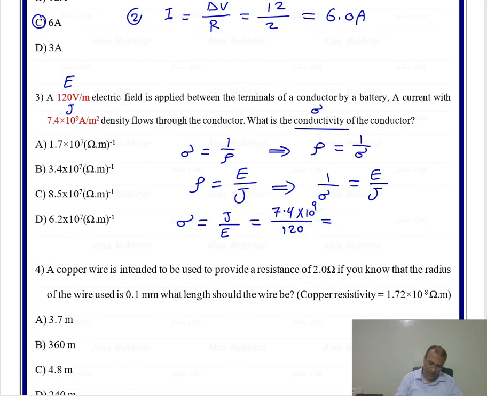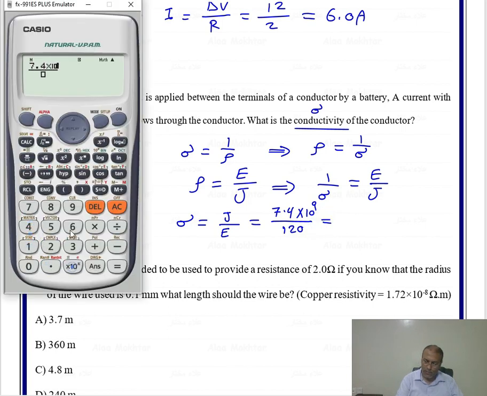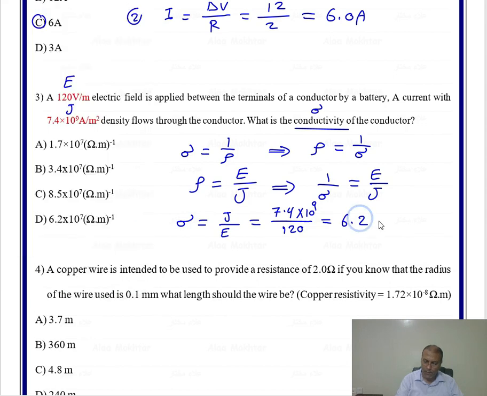The answer is 7.4 times 10 to the power 9 over 120, which is 6.17 times 10 to the power 7, or 6.2 times 10 to the power 7 as it's written in multiple choice, after rounding the number.